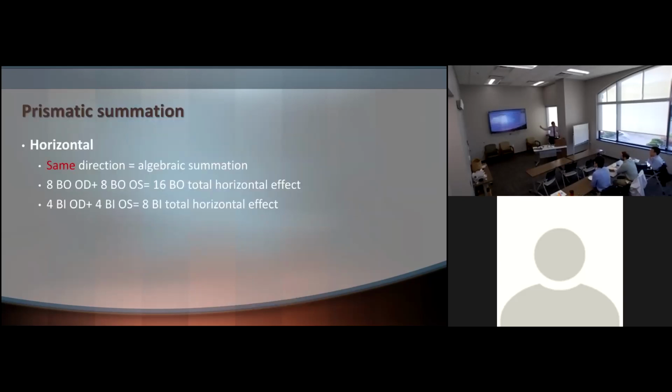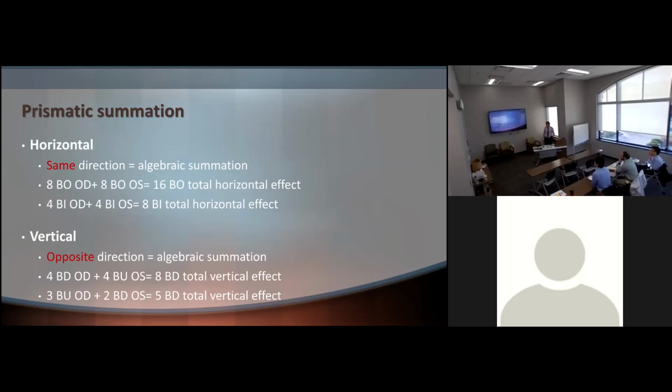Okay, so we just talked about how to subtract prisms. This will lead us to the topic of prismatic summation, how we add the prismatic power. When you have horizontal prisms, if they are in the same direction, we do algebraic summation. So we have 8 base out plus 8 base out, which equals 16 base out prism. If you have 4 base in and 4 base in, this is 8 base in effect. For vertical deviation, we do algebraic summation for the opposite direction.